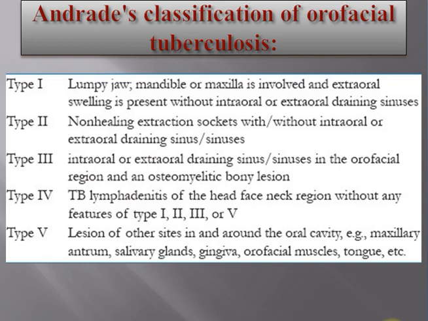Fourth type, lymph node tuberculosis or tuberculous lymphadenitis of the head, face, and neck region without any features of type first, second, or fifth. And fifth type, lesions of other sites in and around the oral cavity, for example, maxillary antrum, salivary glands, gingiva, orofacial muscles, tongue, and others.